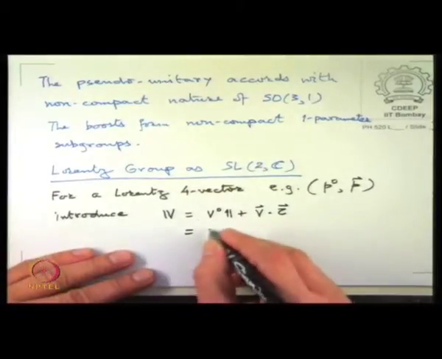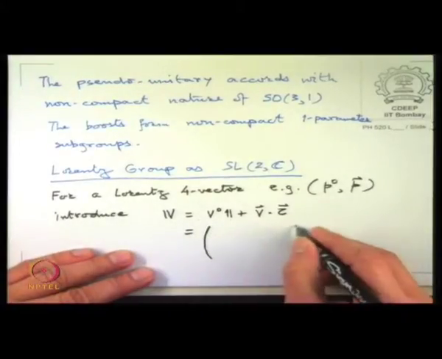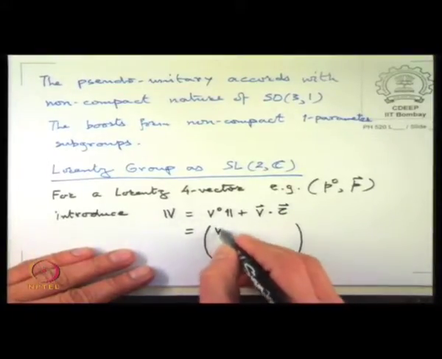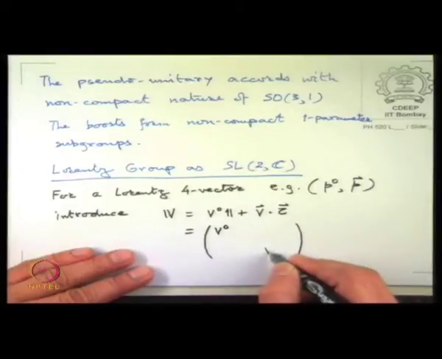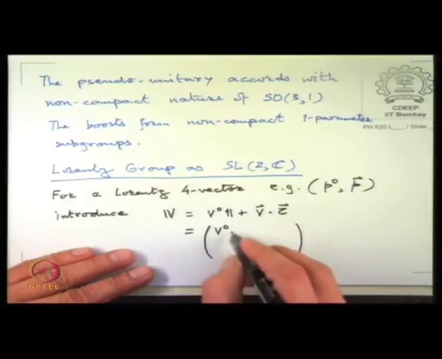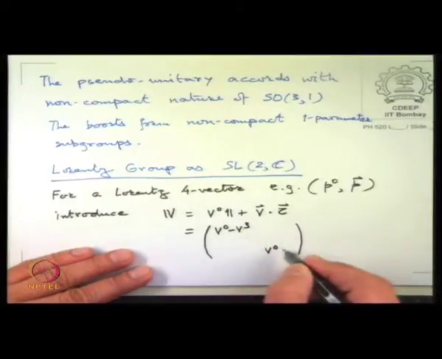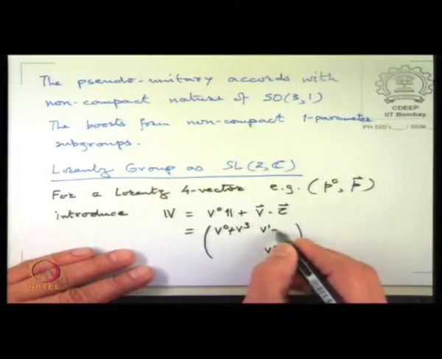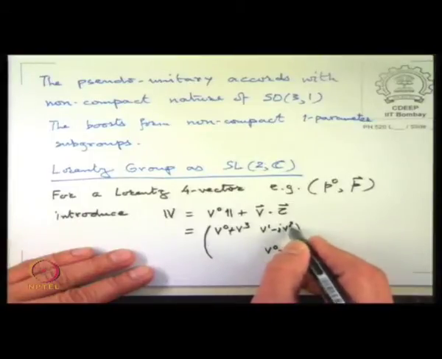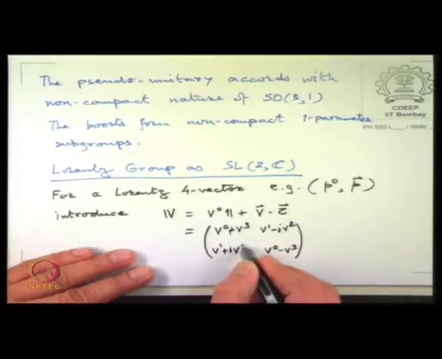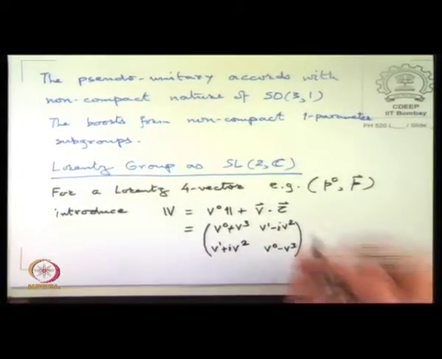In full form, it is V0 times identity, plus V3 times tau 3, so there is V0 plus V3 and V0 minus V3 on the diagonal, and then there is V1 minus i times V2 and V1 plus i times V2. So the matrix looks like this.